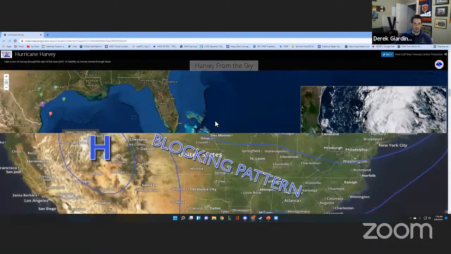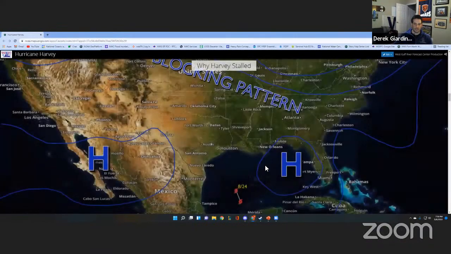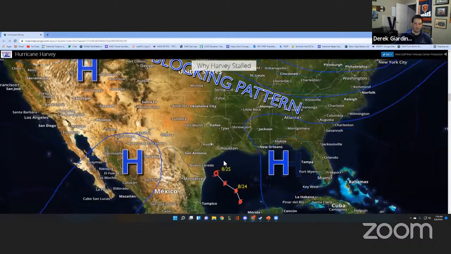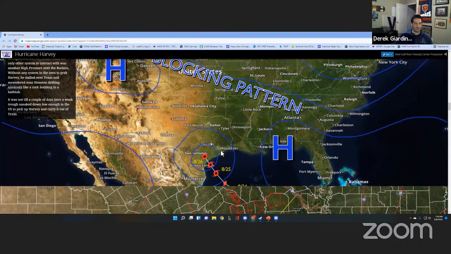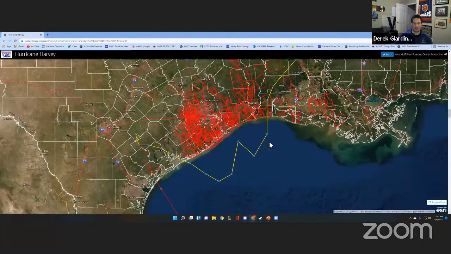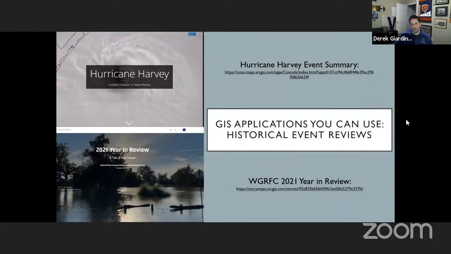You can just pull this map up. It can take you through exactly what the weather pattern was during Harvey, why it got blocked, why it got stalled. All that information is in here and is available at any time to go back through, look through, and interactively play with. We did an end of the year review as well this year.